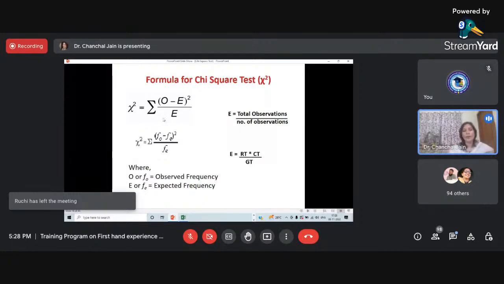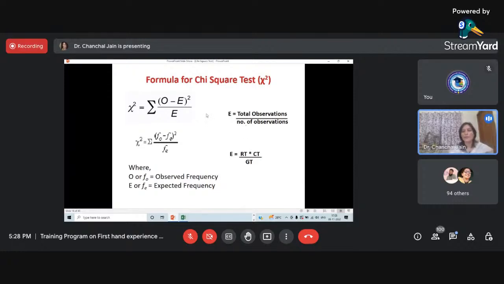O is the observed frequency, which we collect from the data, but you always need to calculate E, the expected frequency. One formula is the total observations divided by the number of observations.